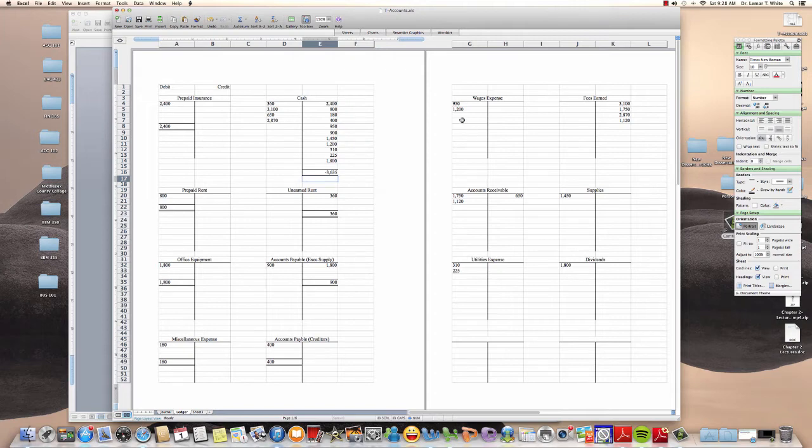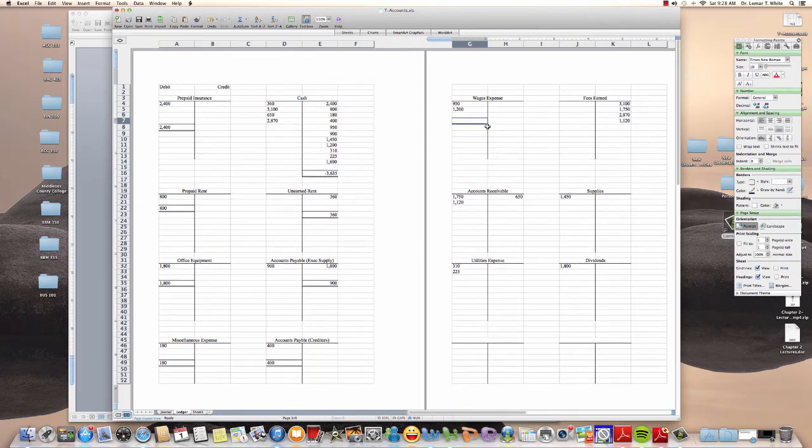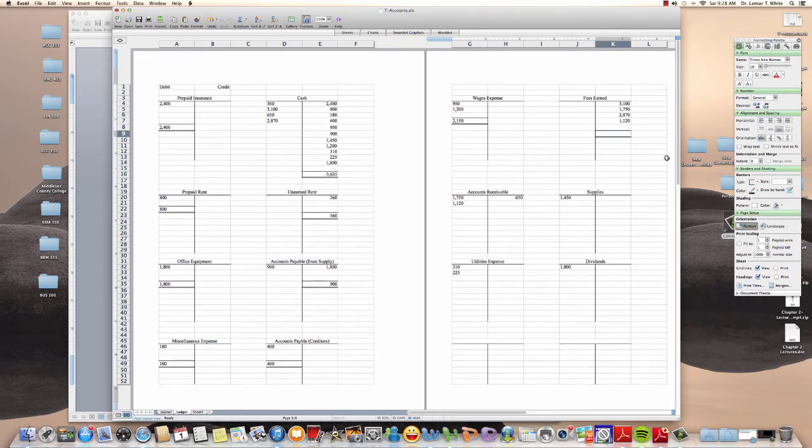Let's go over to the next page and balance these ones. This has two numbers on the left side and no numbers on the right side, so I'm just going to add up these two numbers, and that's my balance. Fees earned has numbers only on the right side, so I'm going to add up these numbers.